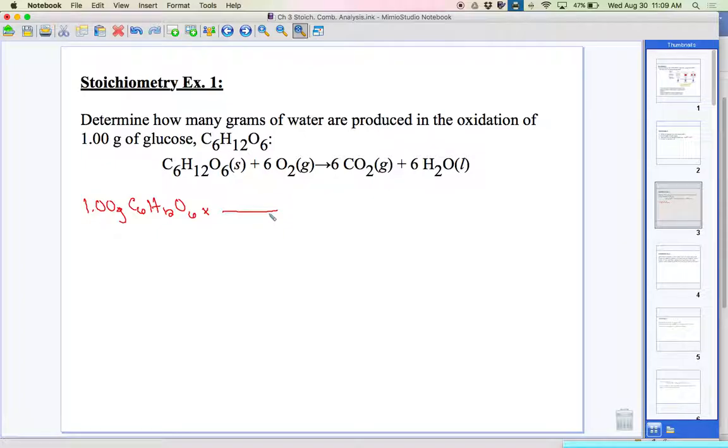So we need 6 times the mass of carbon, which is 6 times 12, and then 6 times 16. Then add it up. But at least you knew what to do.